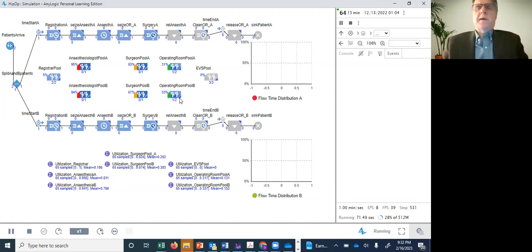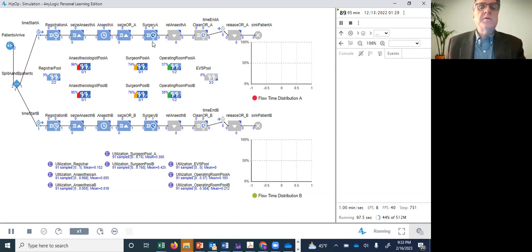We probably expect to see the operating room used about 50% of the time because they can only be used by a surgeon and anesthesiologist pair, and there are 2 of them. And the registrar has very low utilization.